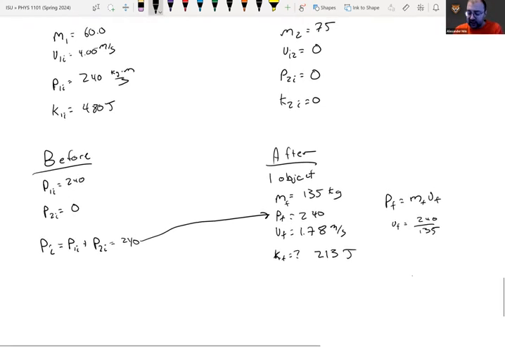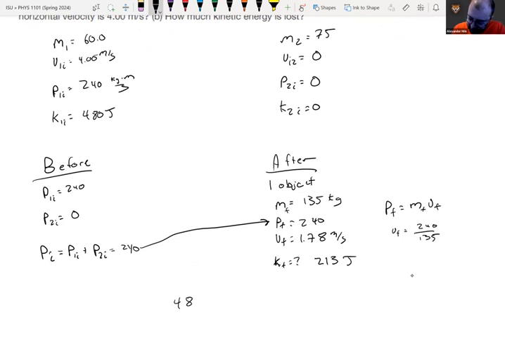So how much kinetic energy is lost? Well, we do 480 minus 213, which is 267 joules lost in that collision. So that is what is going to happen with that one.